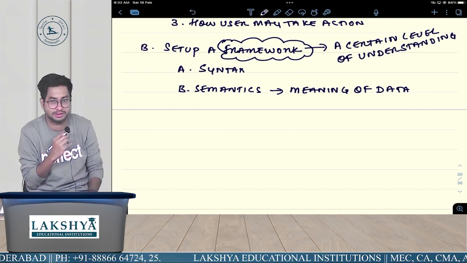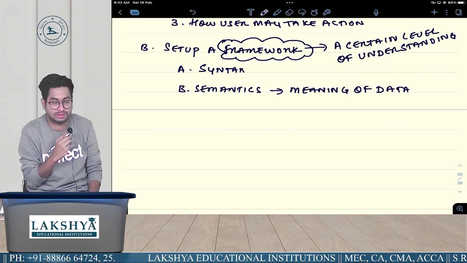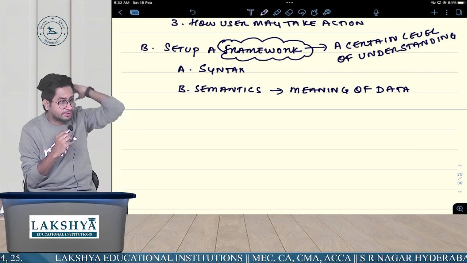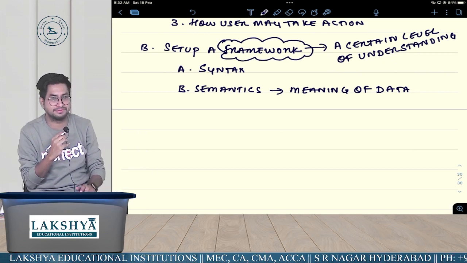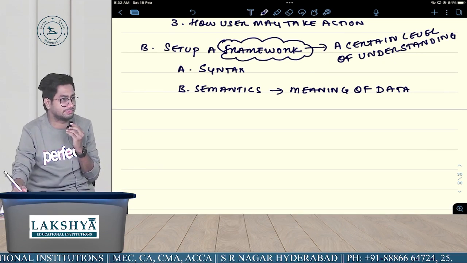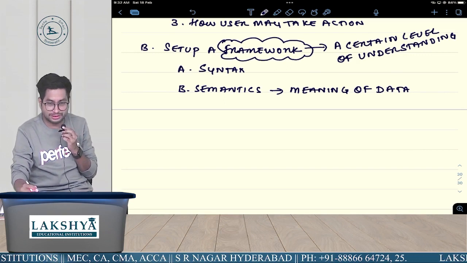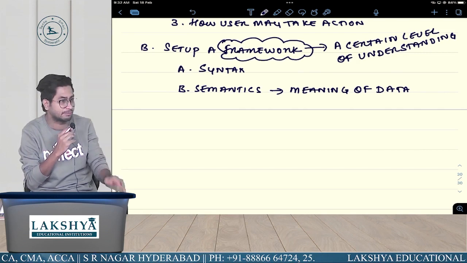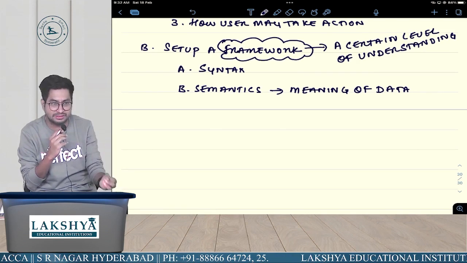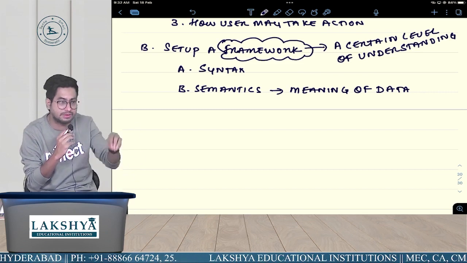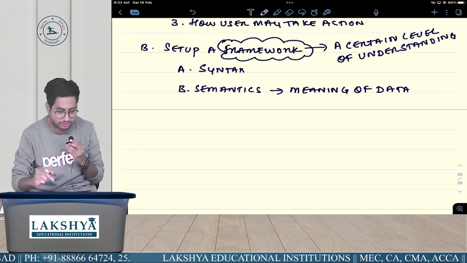If I use words like that, it will go overhead, and you'll become like a tube light. You will not understand. That is why I'm using very simple language in writing my notes. If I use very simple language, irrespective of the level of your intelligence, everyone will be able to understand. Yes. That is called semantics.